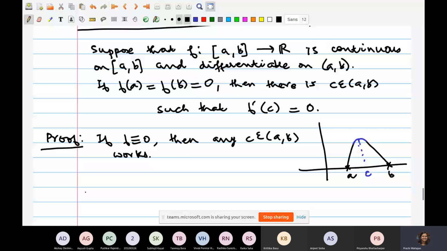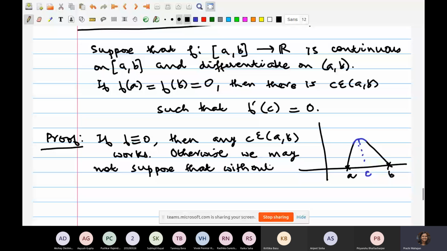Without loss of generality, we may suppose that f is strictly positive at some point in its domain. So let's write that. Otherwise, we may suppose, without loss of generality, that f(x) is strictly positive at some point x. This is saying that there's no special assumption here. This can always be done.